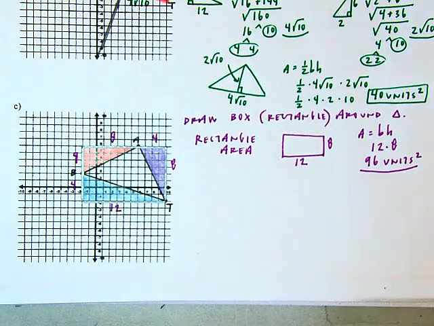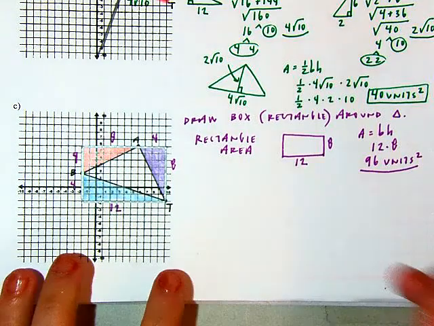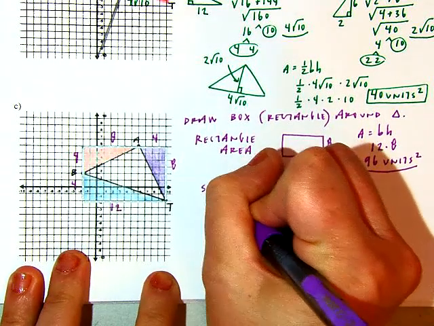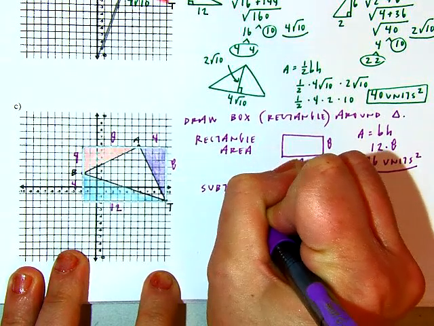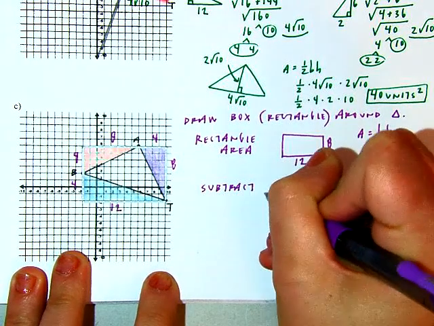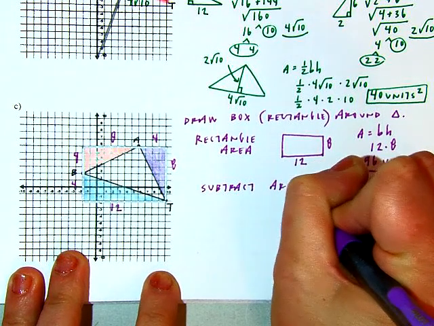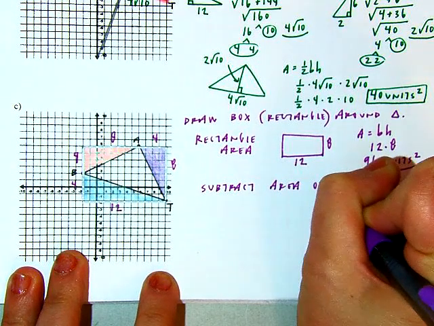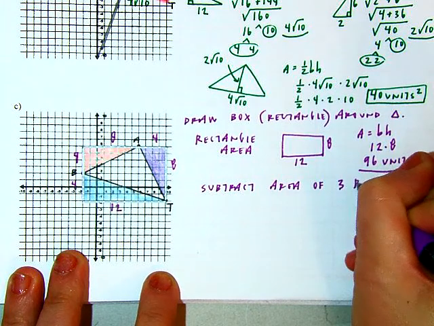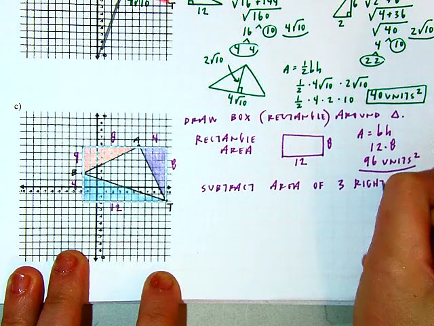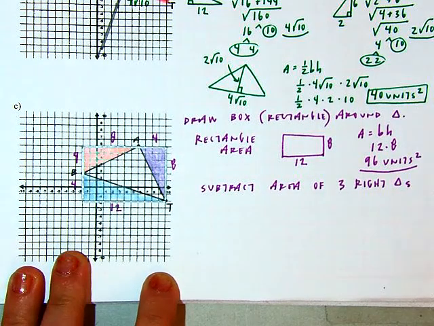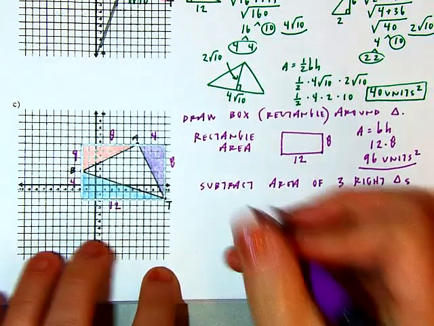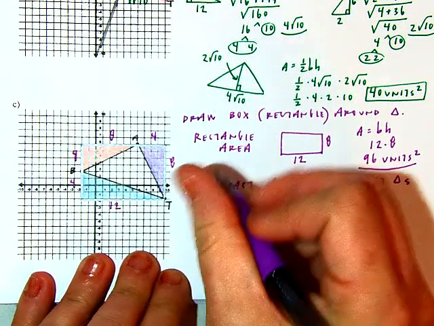So now what I want to do is remove those 3 right triangles. So I'm going to subtract the area of the 3 right triangles. All right, so each right triangle, right, we're doing 1/2 base times height.